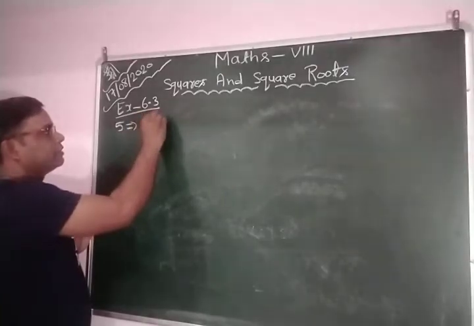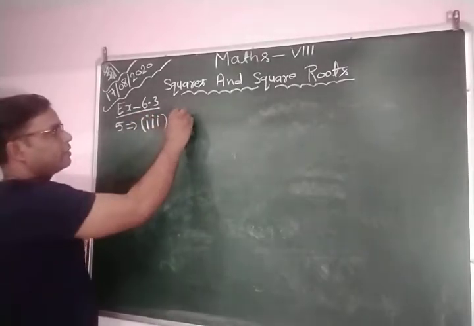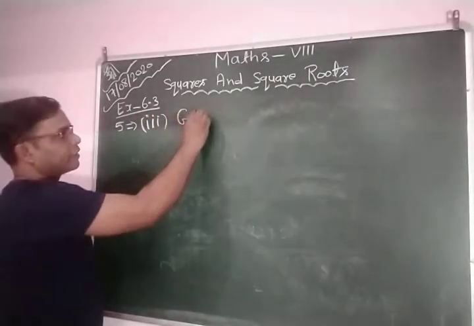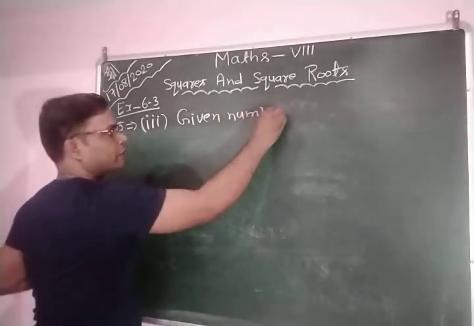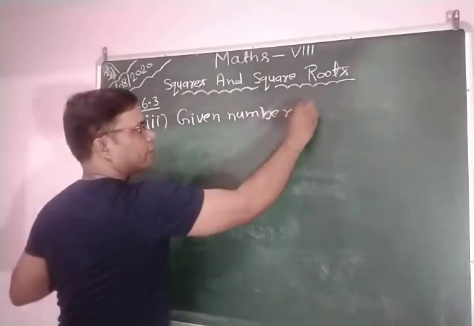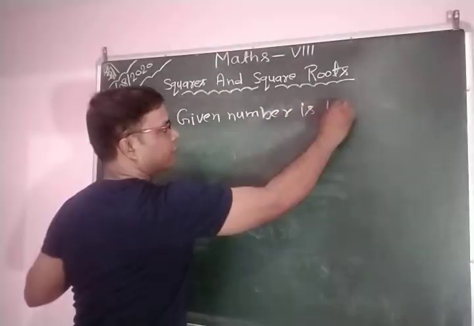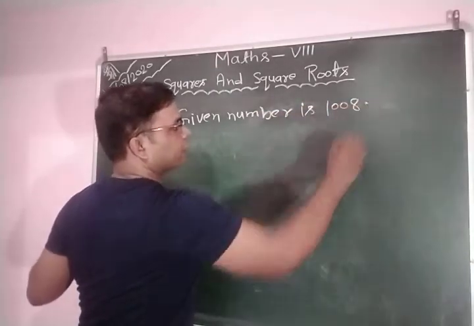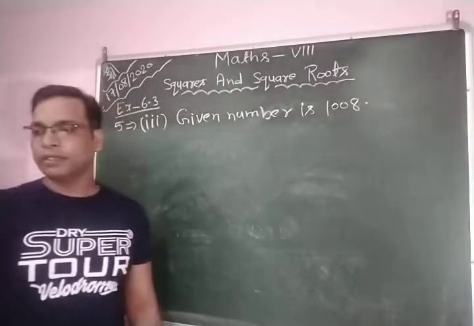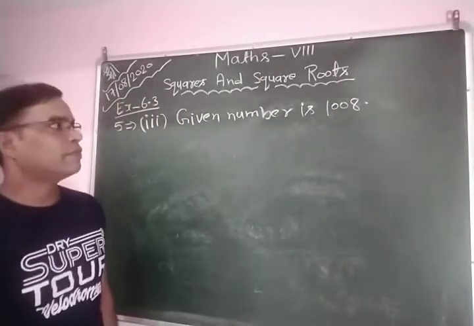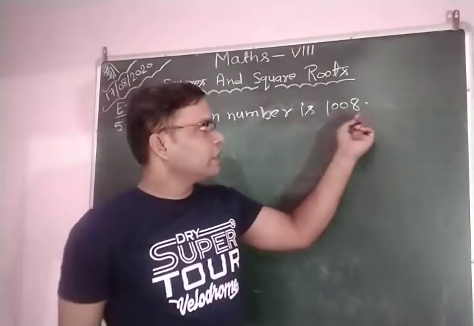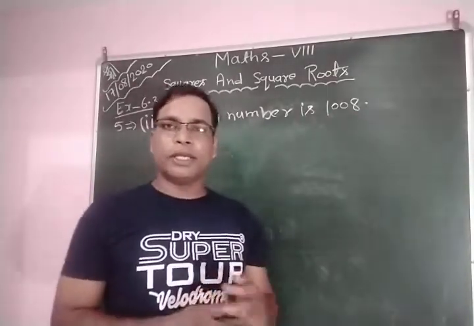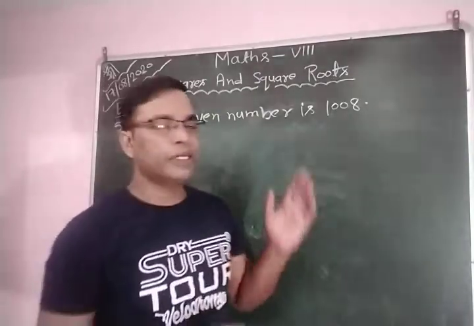This is the third part. The given number is 1008. First we find the prime factorization of this number. You can see here the unit digit of this number is 8.